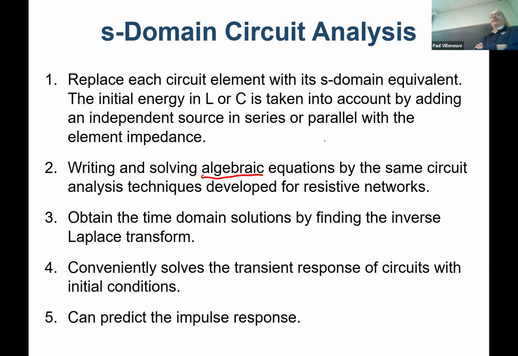We're going to keep it as S. So just like AC circuit analysis, where you do impedance terms and you do Ohm's law, which is V equals I times Z, you're going to do the same thing in Laplace. Then you're going to go back and do partial fraction expansion and get the inverse Laplace transform. And you can get not only the transient response, but you can also get the impulse response as well. You can get whatever input you want.